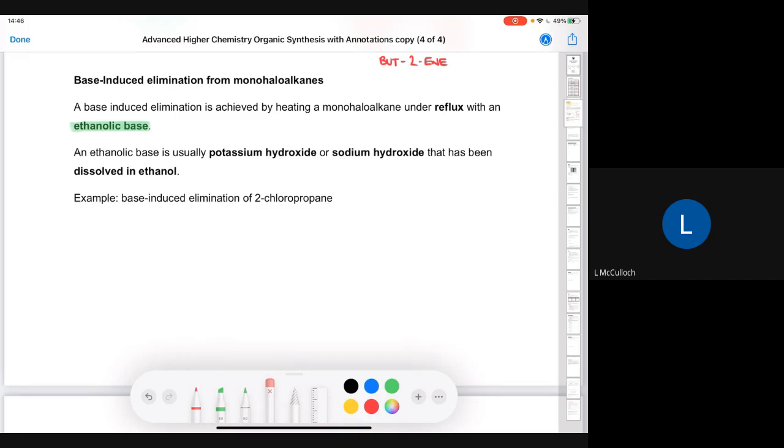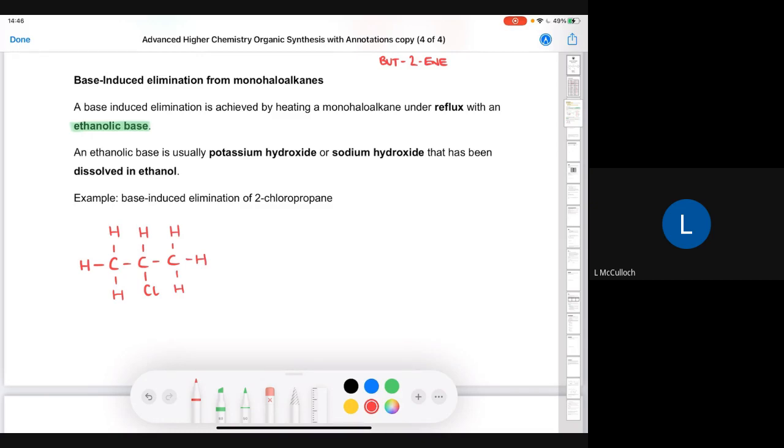So the first thing that I'm going to do is I'm going to draw out 2-chloropropane. So because it's propane, that means we're going to have 3 carbon atoms, and 2-chloro means that there's a chlorine atom on the second carbon. And that molecule there, that's our monohaloalkane.